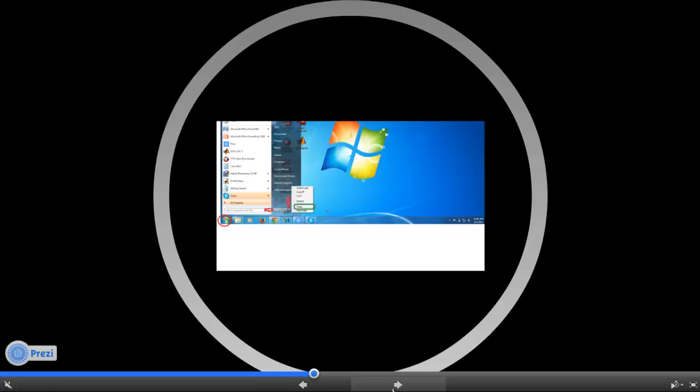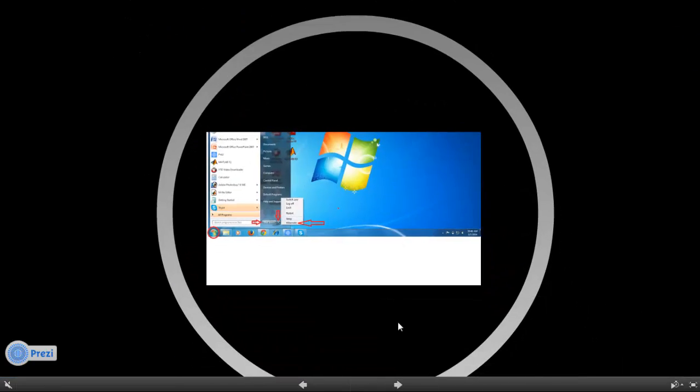But before putting it in sleep mode you have to save your files. If not, your unsaved files you may lose. So save before making sleep mode.